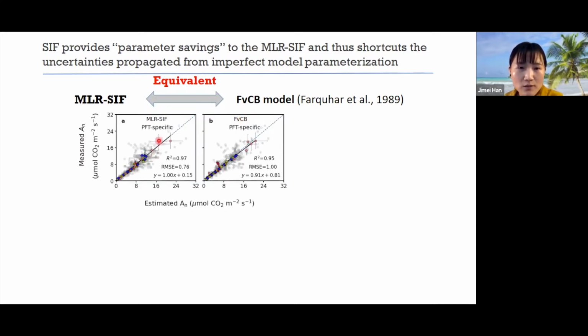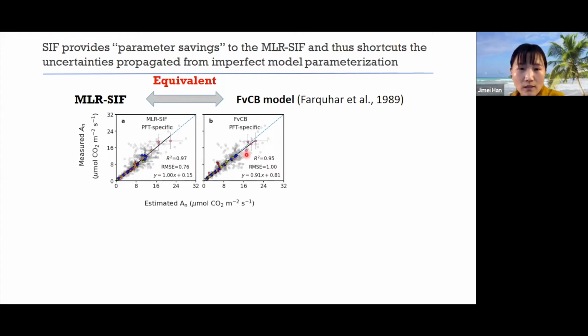First, by utilizing the PFT-specific parameters, we compared the performance of these two models. It shows our model performs slightly better than the FVCB biochemical model, which slightly overestimates the photosynthesis.